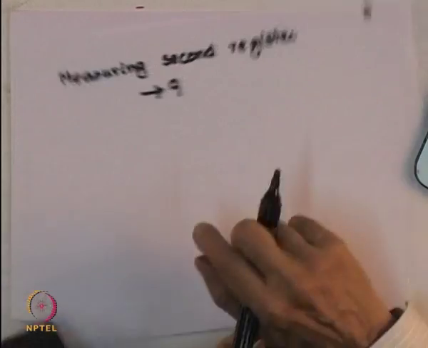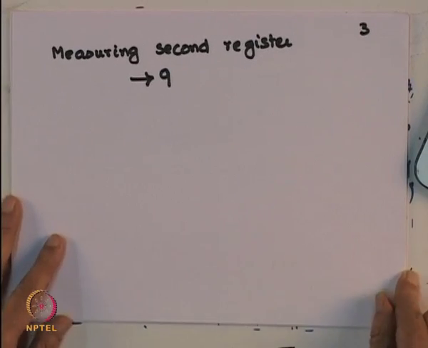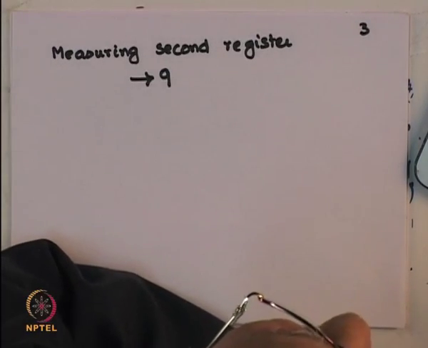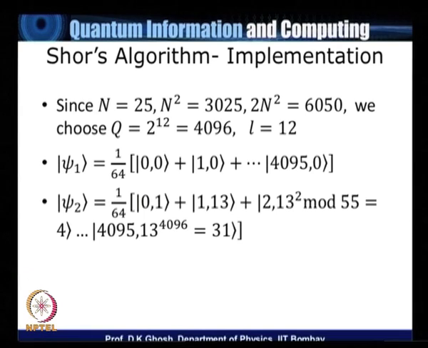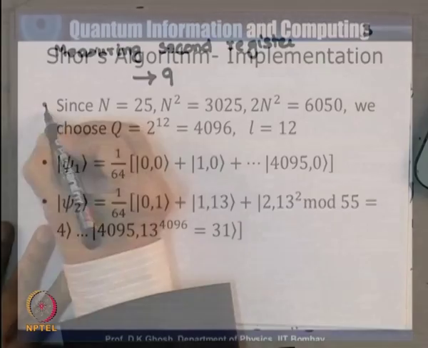Now if it gives you 9, refer back to the slide again, you find that I have here 13 to the power 6 equal to 9. So if I have measured 9, then at that time my first register might have been in any states like 6, 26, 20, 46, etc. So the result that I get is the following: psi 3.